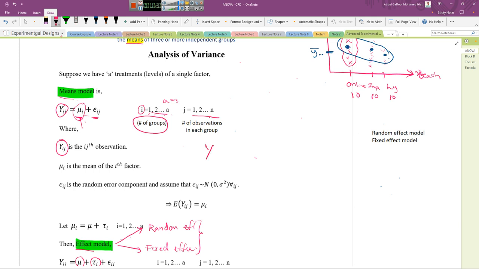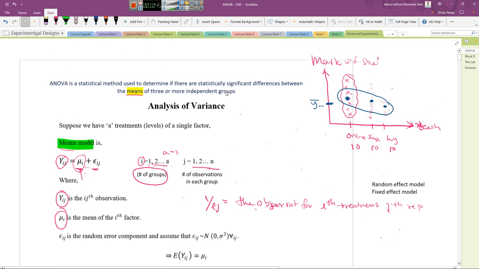So Yij means the observation for the ith treatment and jth replicate or jth observation, whatever. Now mu i is the mean for the ith level.